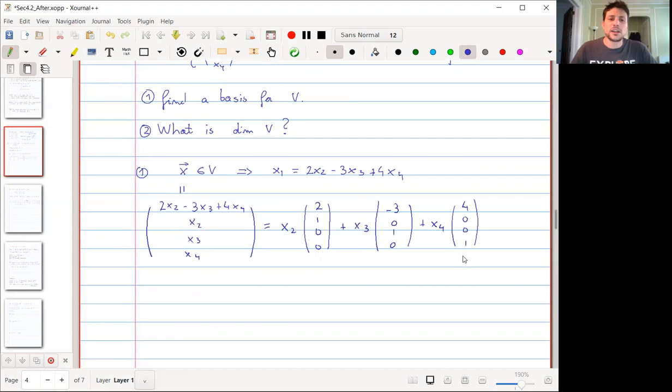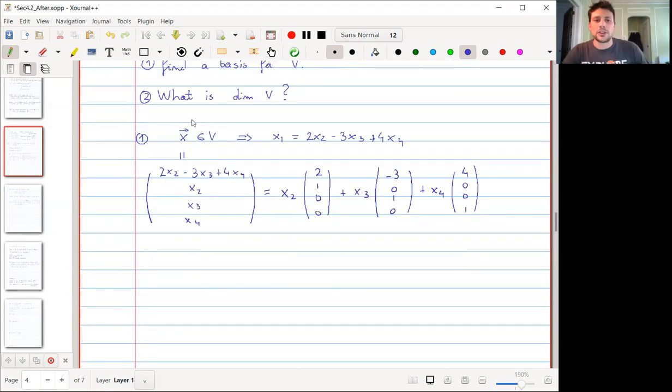So what we've done here is write every vector in V as a linear combination of these 3 columns: 2, 1, 0, 0; minus 3, 0, 1, 0; 4, 0, 0, 1.